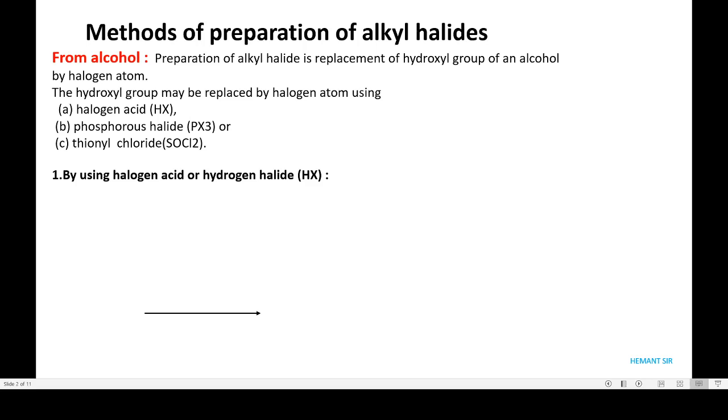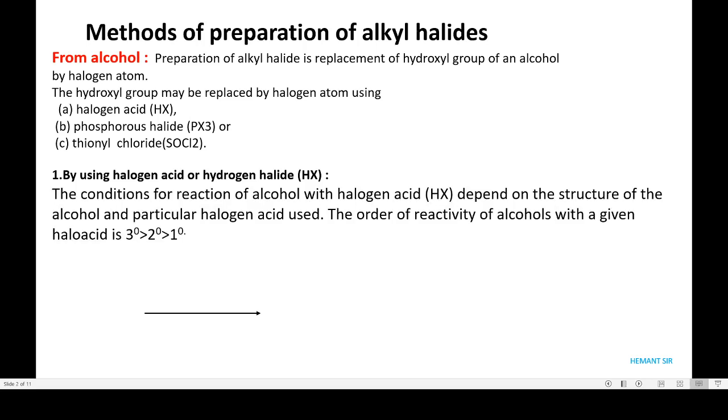X stands for halides like chlorine, bromine, iodine. The size increases from chlorine to iodine. Here, the condition for reaction of alcohol with halogen acid depends on the structure of the alcohol and the particular halogen acid used.